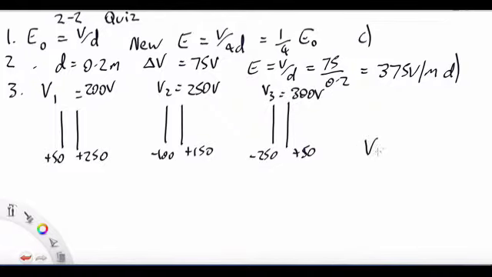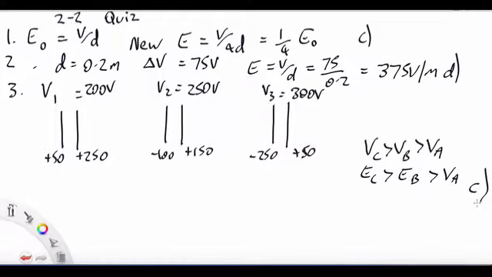So we have VC is bigger than VB is bigger than VA. So since their separation's the same, the electric fields go in the same way. So C is our answer there.